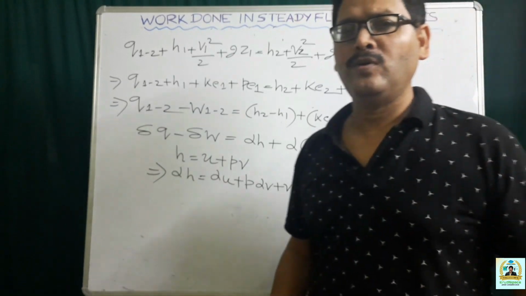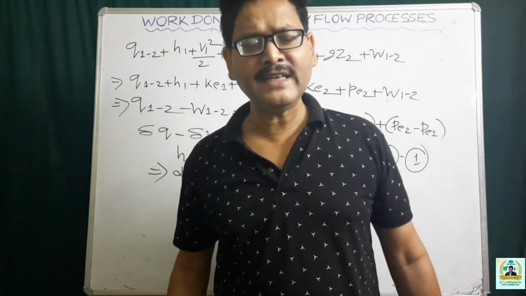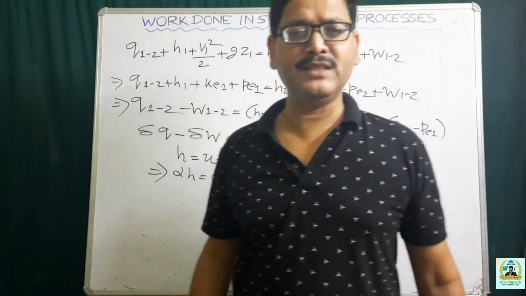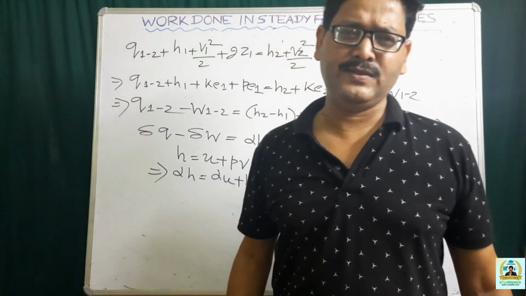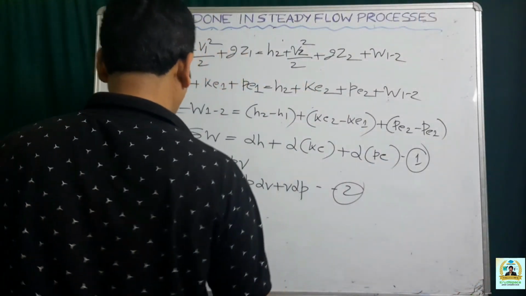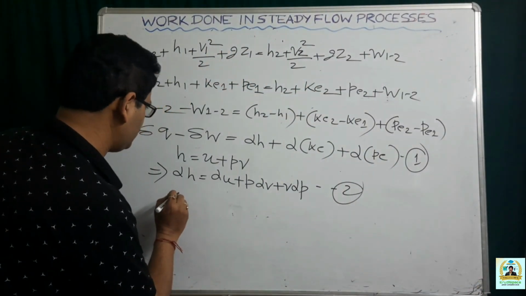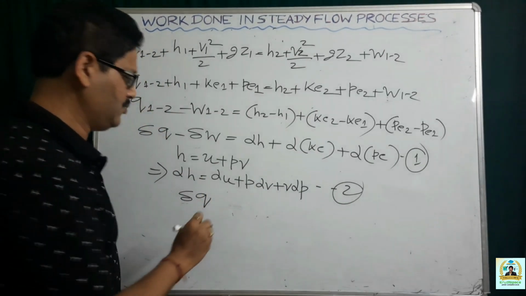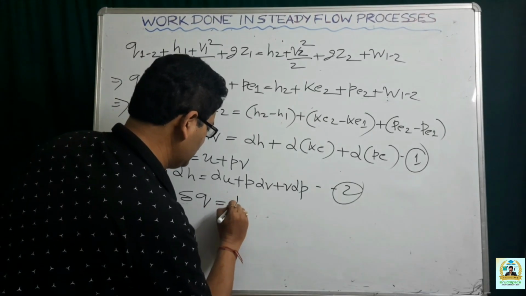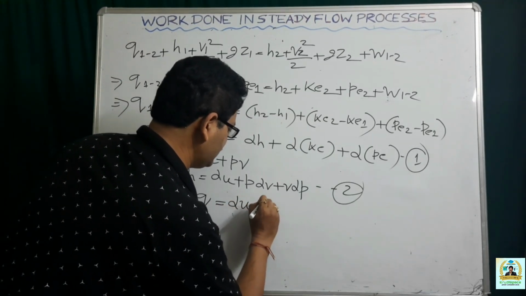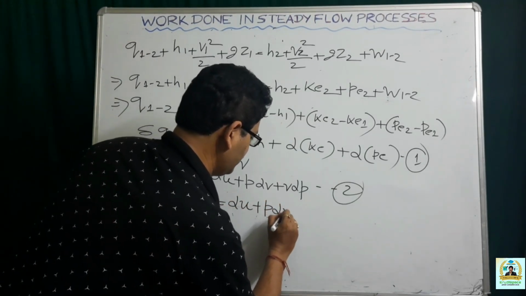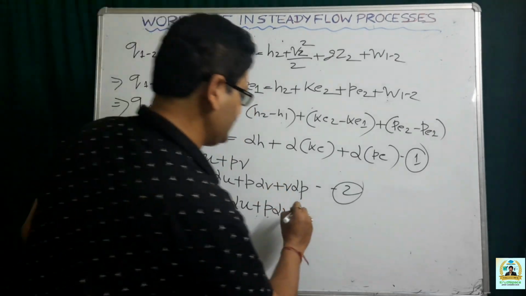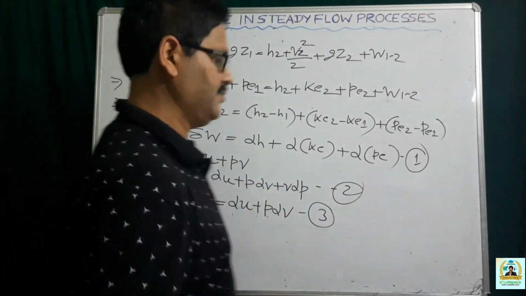And all of us know that the heat added is the sum of change in internal energy plus the work done. Now, del Q is equal to dU plus PdV. Let it be equation 3.